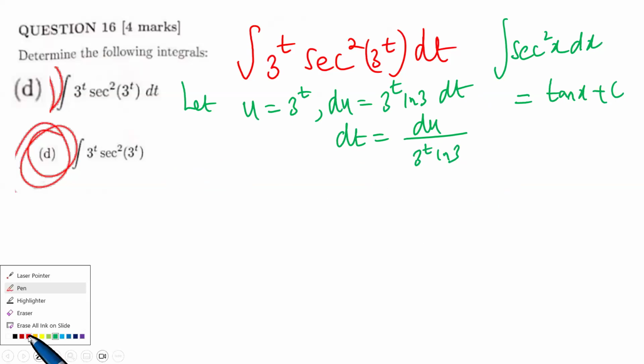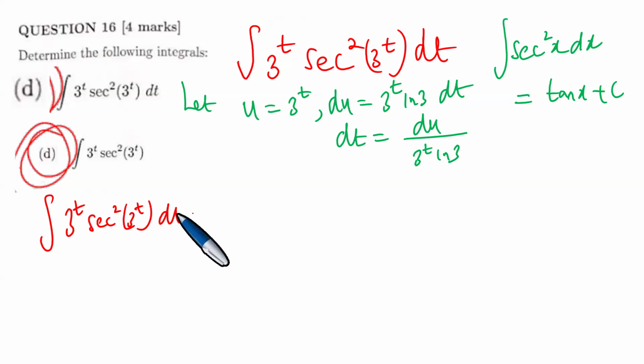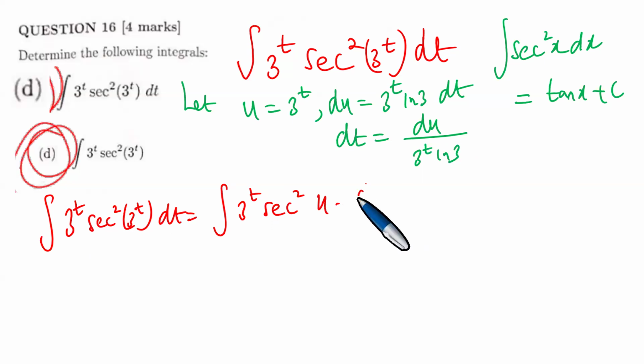Hence the integral of this: we have 3 to the t, and this is the secant squared of u. The dt is du divided by 3 to the t ln 3.